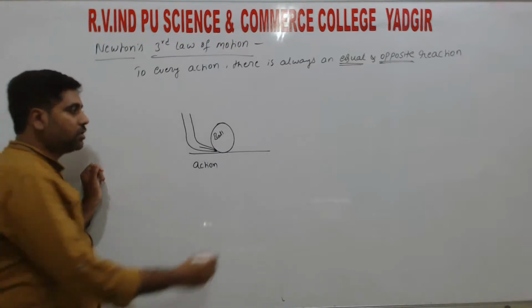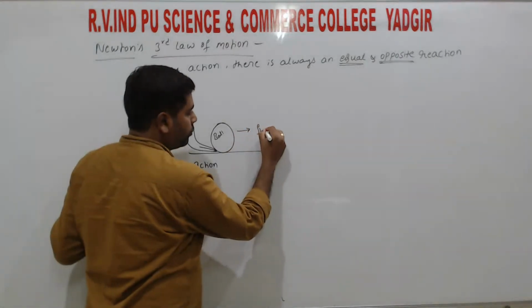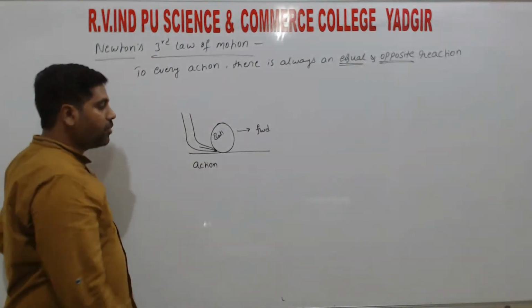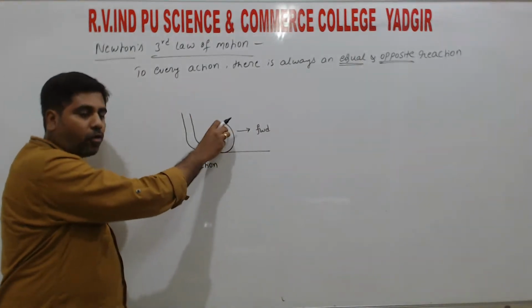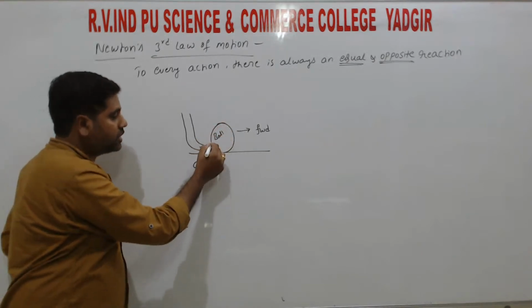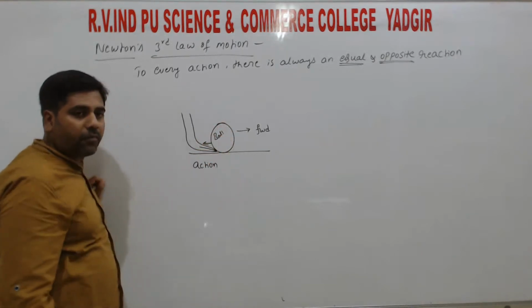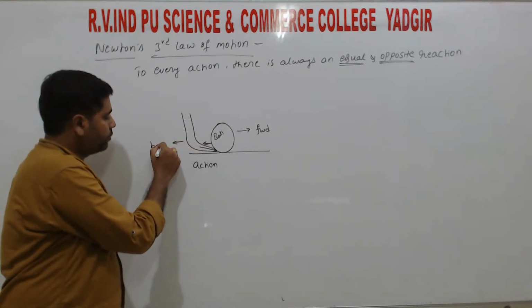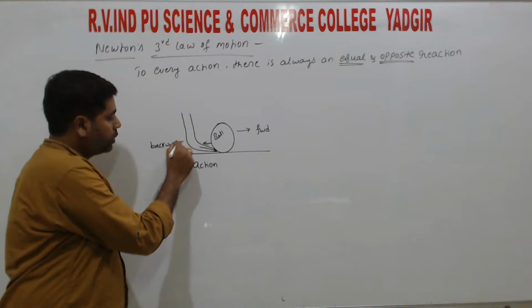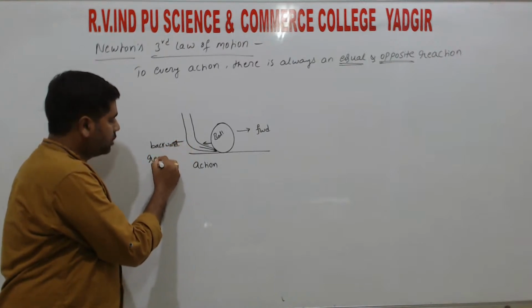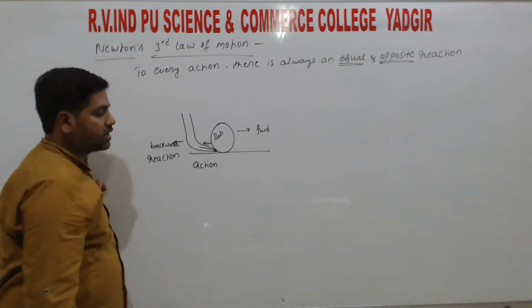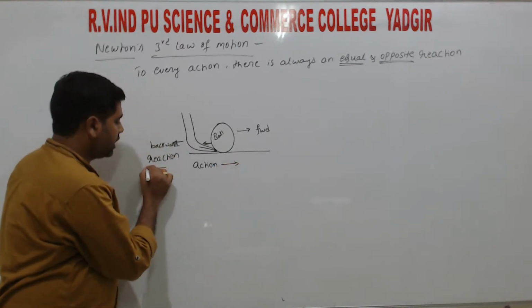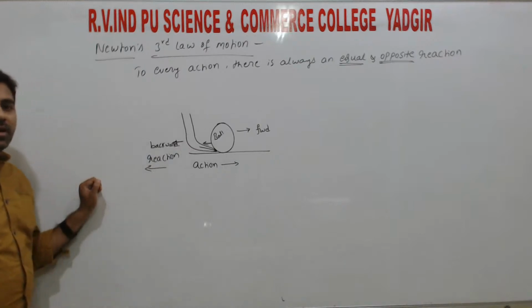Due to this action the ball moves forward, right? At the same time the ball exerts the same force onto the leg of the player, then the leg moves backward. This we call reaction. So if the action is in the forward direction, then the reaction is opposite to the action, right?